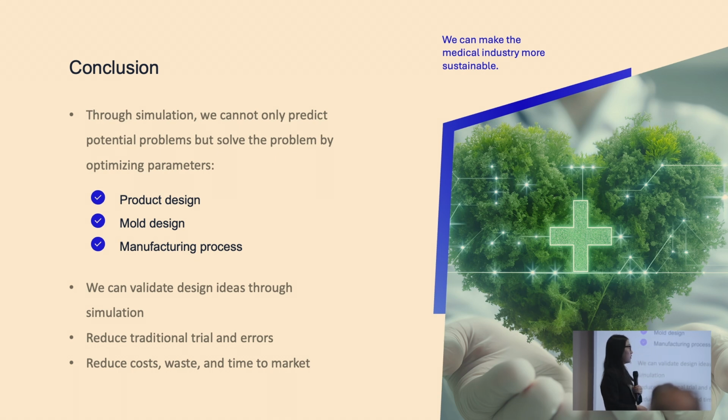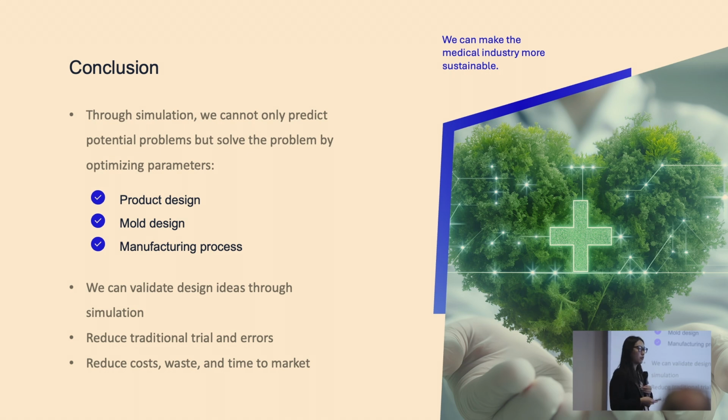So a bit of a conclusion. I think with all the above mentioned reasons, you can see that with simulations, we can not only predict potential problems, we can also solve the problem by optimizing parameters during the product design stage, the mold design stage, and also the manufacturing process. Today, the cases I've shown are mostly on the mold design stage.